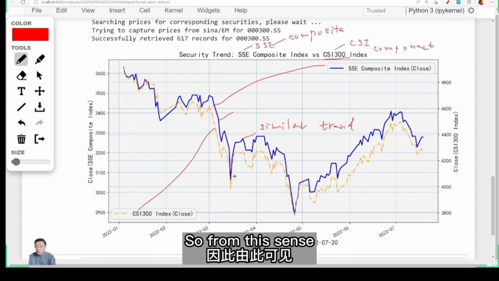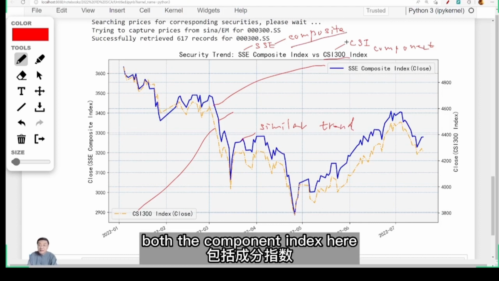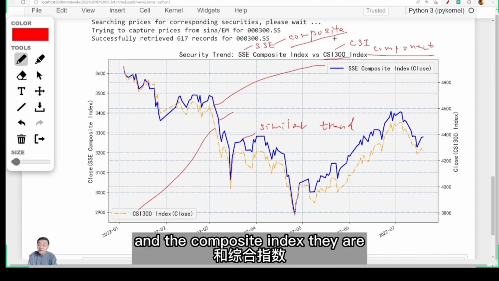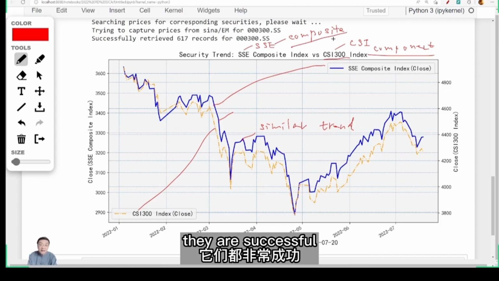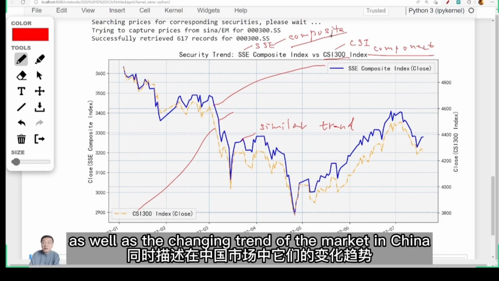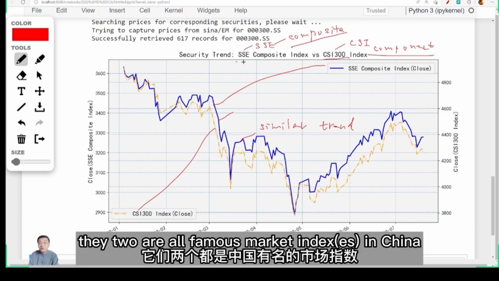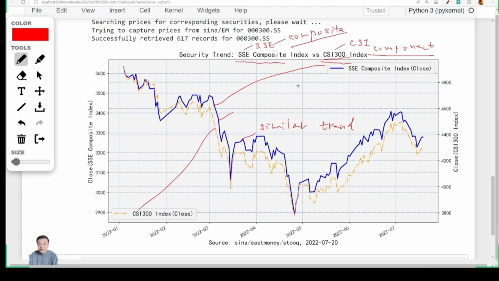So, in this sense, both the component index here and the composite index are successful in describing the price level as well as the changing trend of the market in China. So that's why these two are both famous market indexes in China.